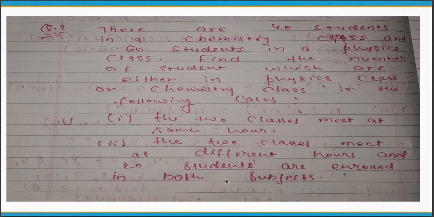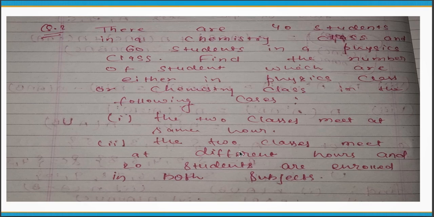If the two classes meet at the same hour, then you find the number in either physics or chemistry, meaning A delta B, the symmetric difference of the enrolled students in physics or chemistry, meaning P delta C, C delta P.